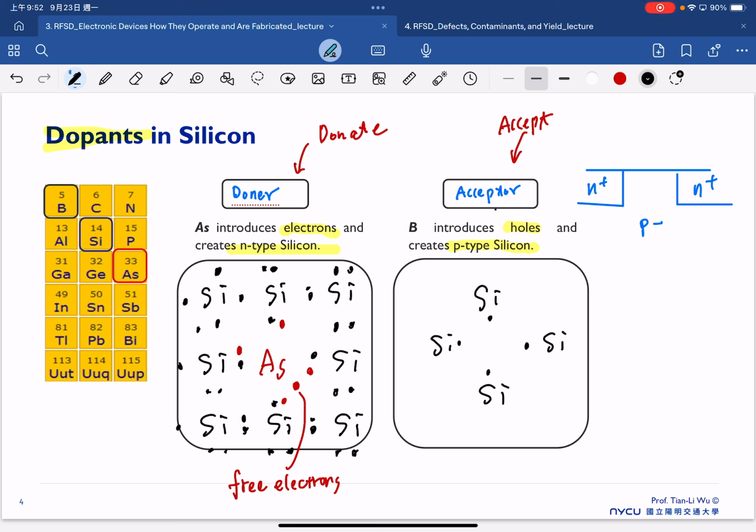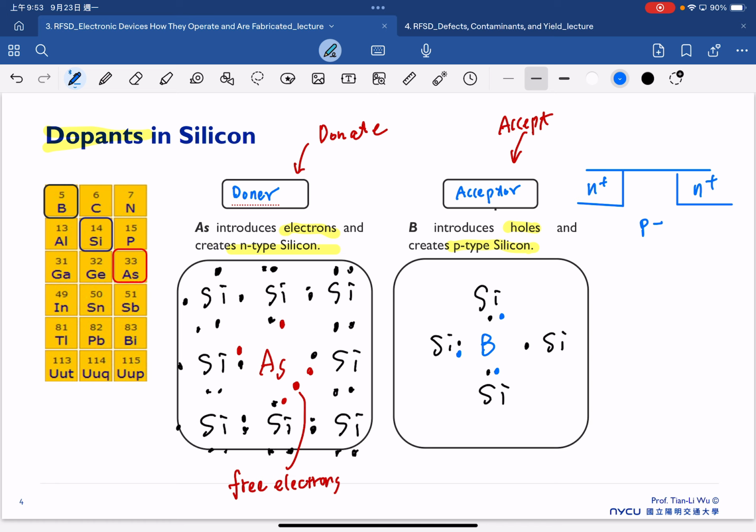But now if we pick a group 3 material, for example, boron in this case, we only have 3 electrons in the outer shell. So we only have here, here, and here. The boron can only form bonding with 3 nearby silicon atoms.